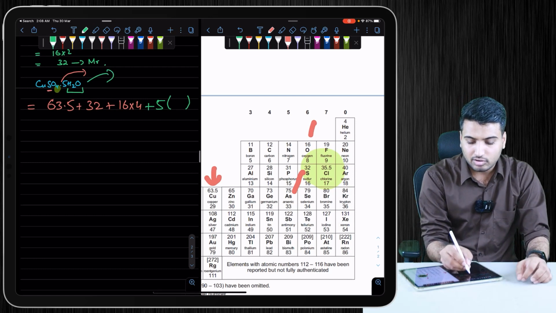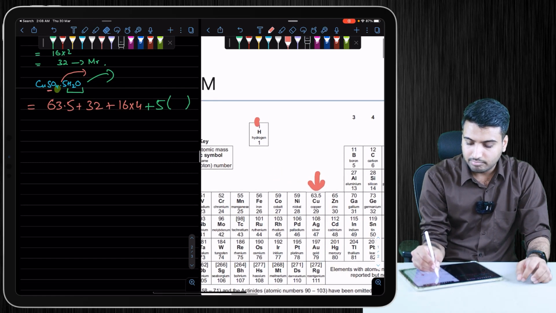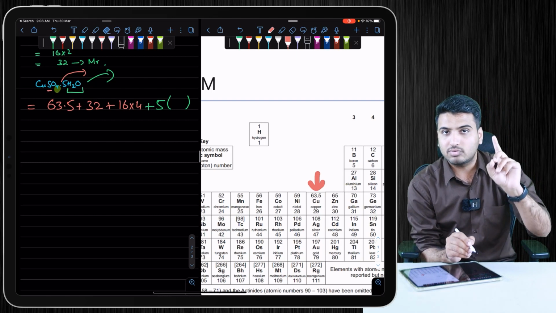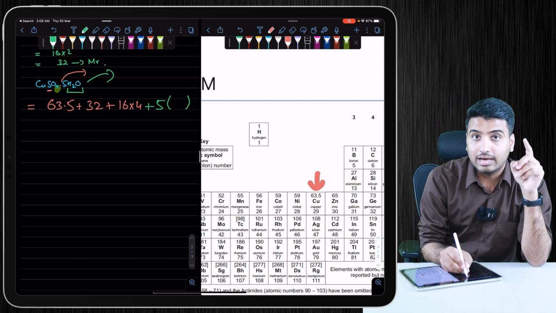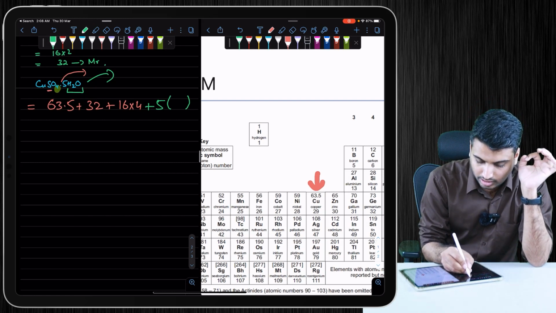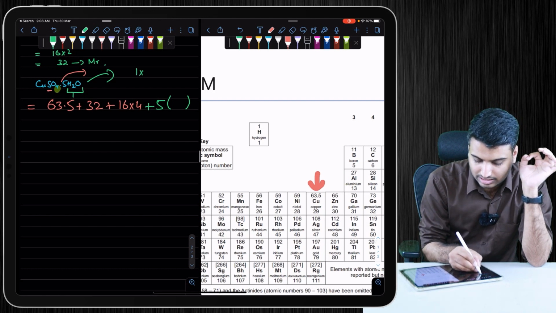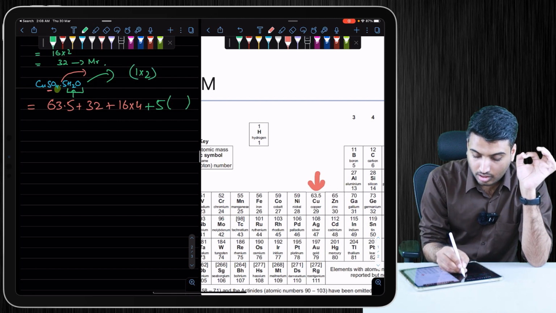So the Mr of water: the atomic mass of hydrogen is 1, multiplied by 2, which is the number of atoms of hydrogen, plus the atomic mass of oxygen, which is 16.